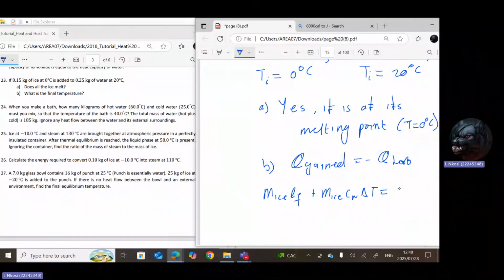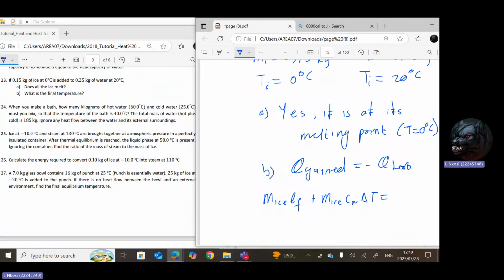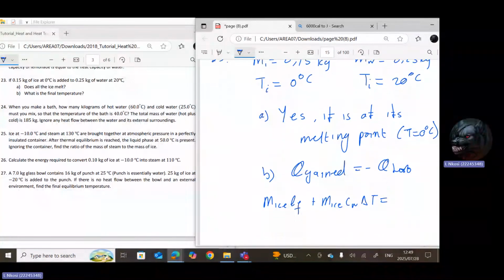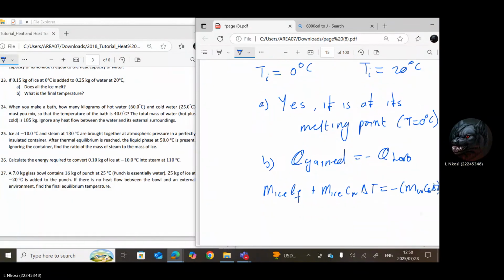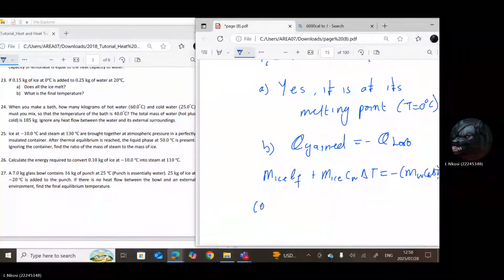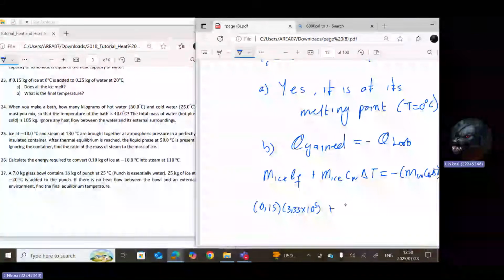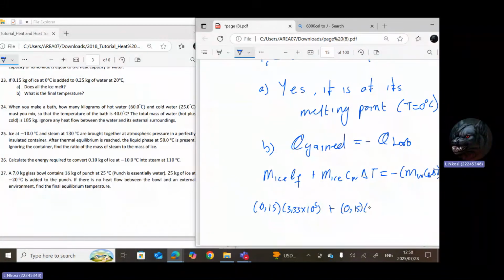And then it equals, now, what will lose the heat? It's the water, I mean. The water will only change temperature: mass of the water, C for water, change in T. So the mass of the ice is 0.15, latent heat of fusion is 3.33 times 10 to the 5. Mass of the ice 0.15, C for water is 4186.